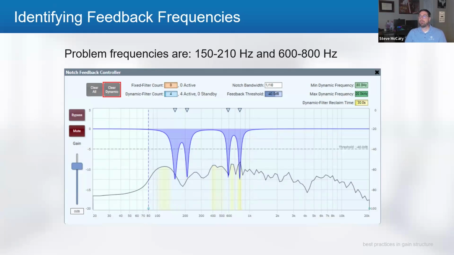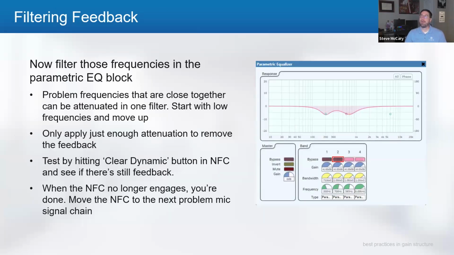And what we can do is say, okay, obviously we've got hot spots from 150 to 210, and then from 600 to 800. Now we can go into our parametric EQ that we have in chain before that notch feedback controller, pull those down, clear the dynamic in the notch feedback controller, and then run it again until we are not getting feedback through that channel.